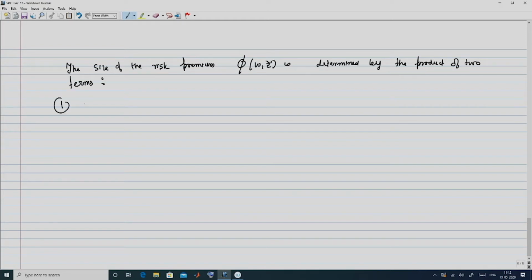The first one is the variance of the payoff Z tilde, that means it is the sigma Z square term, and the absolute risk aversion.